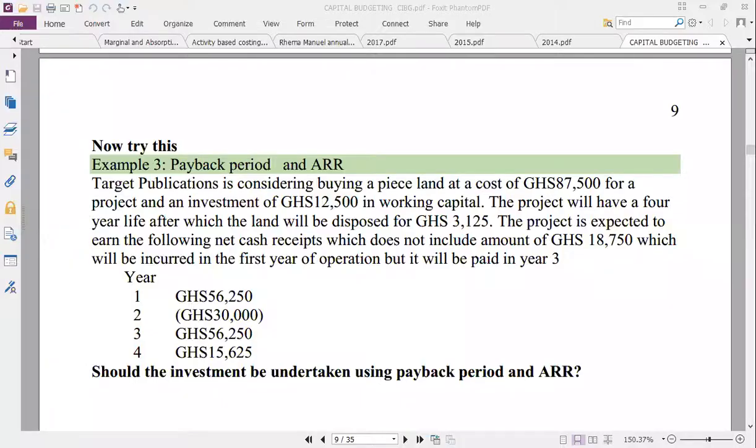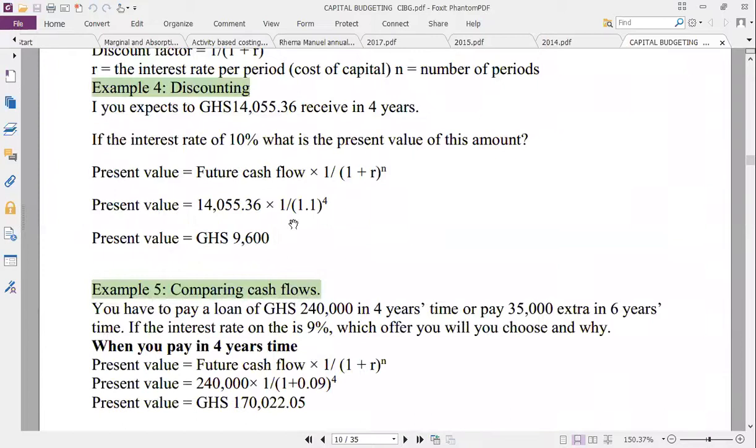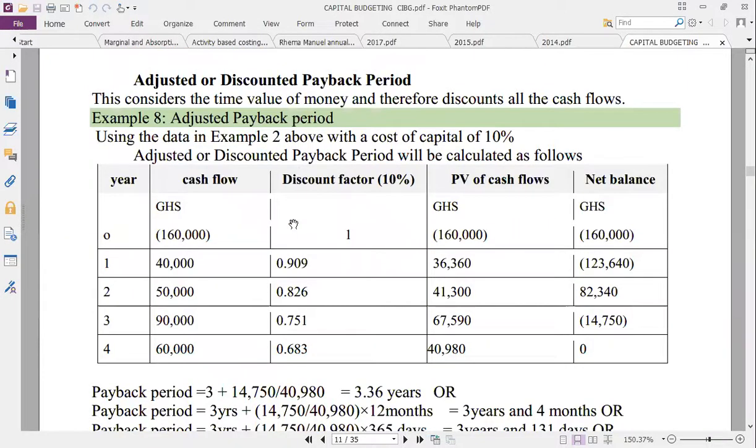So let's pick a question. If you don't have it there, don't worry. Let's go to the handout. We can get 9 questions in there so that we can move faster. You can try these ones for me.